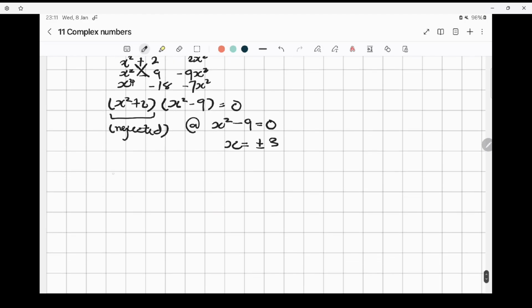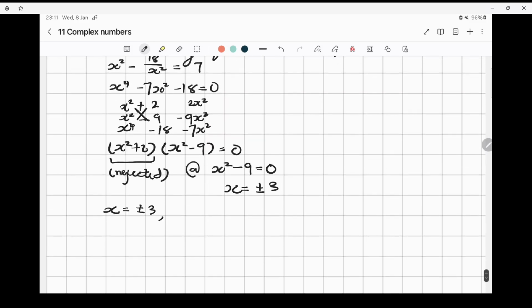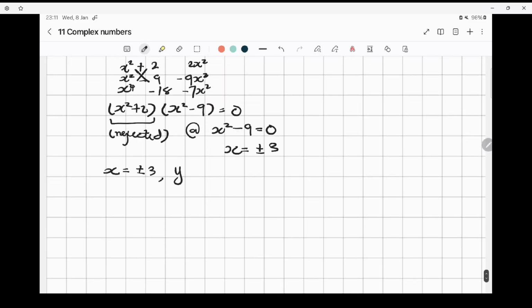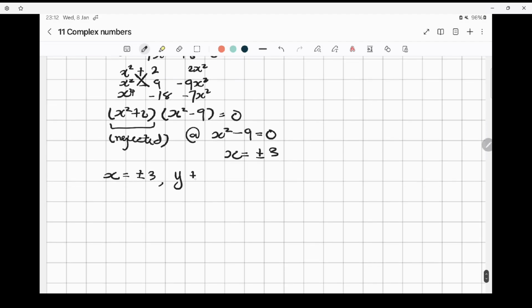So when x equals plus or minus 3, you look back at your y. y would be equal to plus or minus root 2. Therefore, your square root of u would be 3 plus root 2 i. The other one would be minus 3 minus root 2 i.